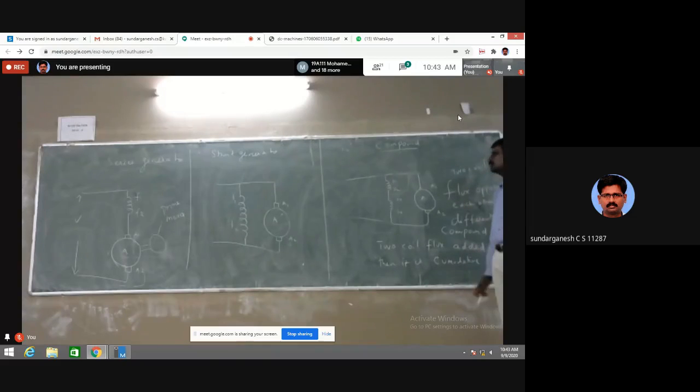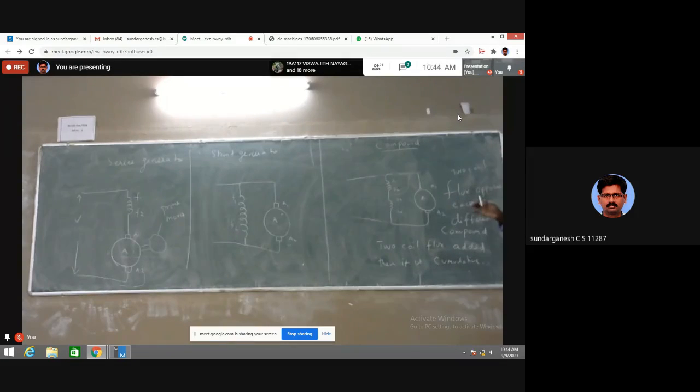So these are the connections in series, shunt and compound. Series means the armature coil as well as field coil are both in series and carry the same current. If it is a shunt generator, both are in parallel and carry the same voltage.